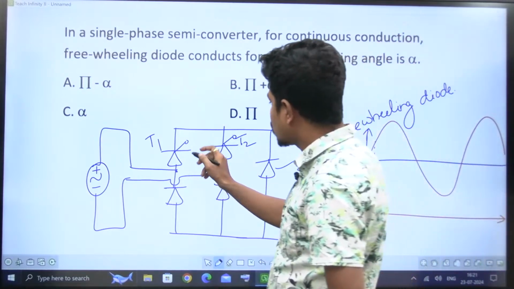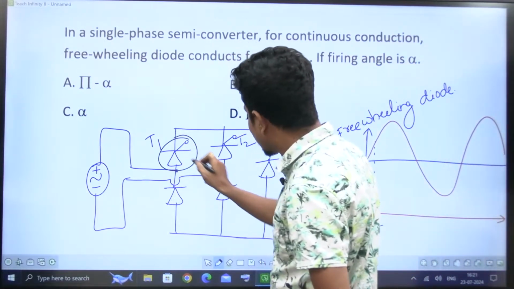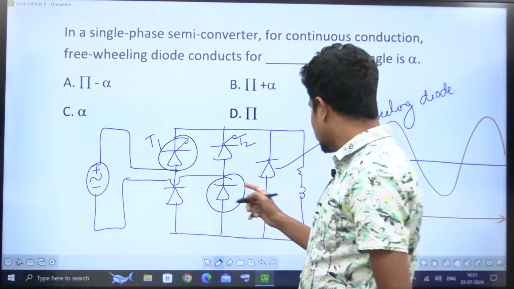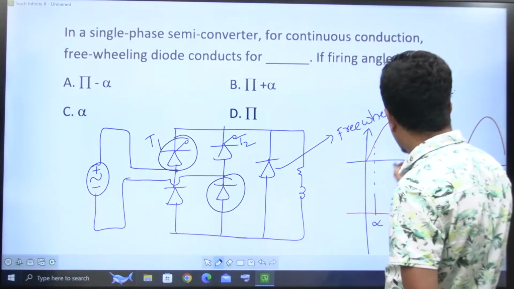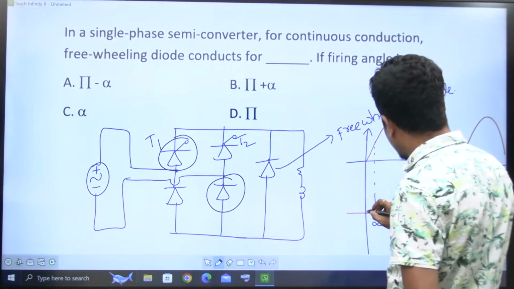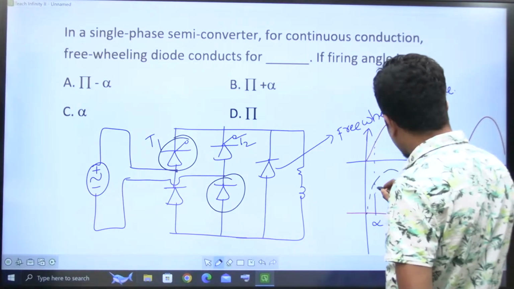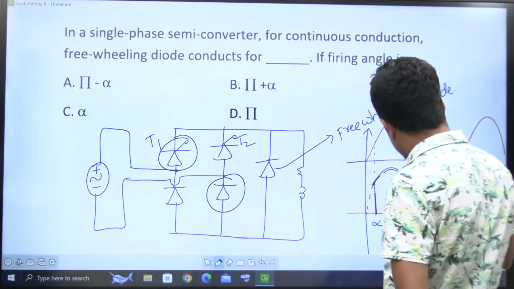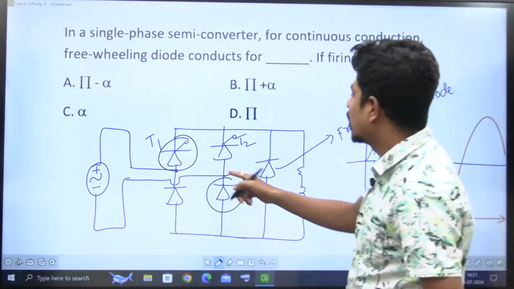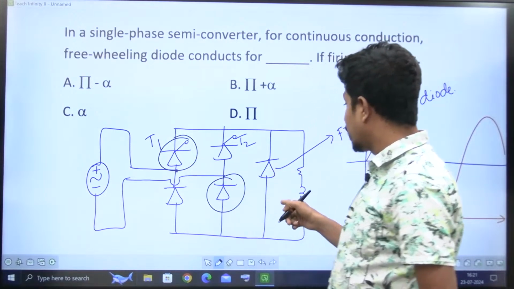For a positive half cycle, this thyristor and this diode will happily conduct. Therefore, the output voltage is going to be the same, but it will come from this place. But when the negative half comes, these two are reverse biased, but the freewheeling diode is there.